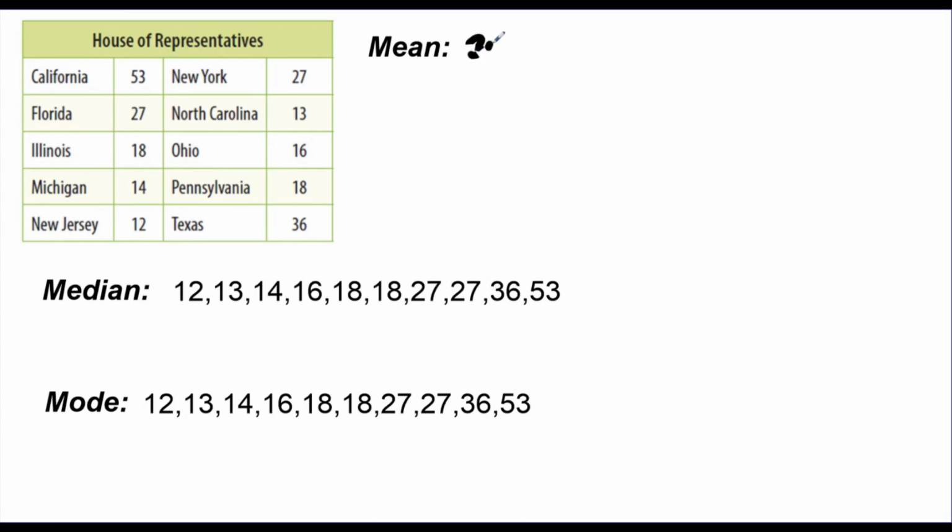And the sum of these numbers is 234. And then to find the average, I need to divide that by how many numbers I have in the data set. And there are 10 numbers in this data set.